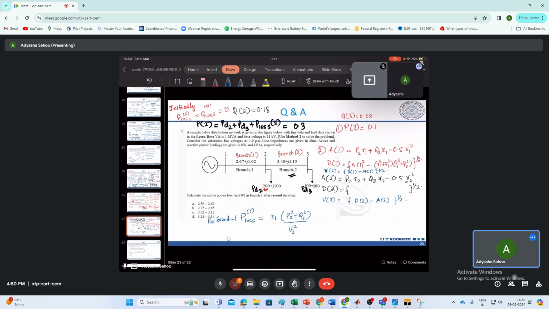And what about P loss 1 for branch 2? That will be R2 into P3 square plus Q3 square divided by V3 square.